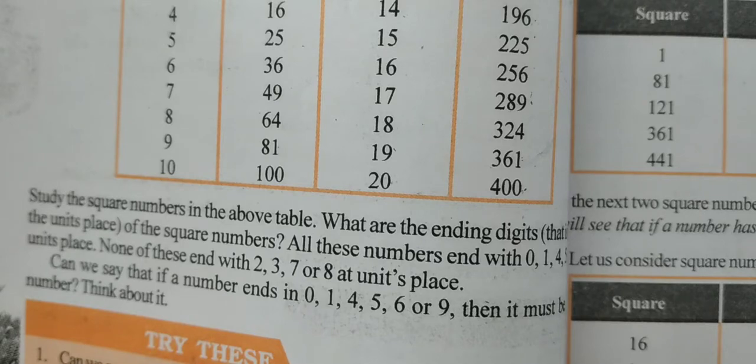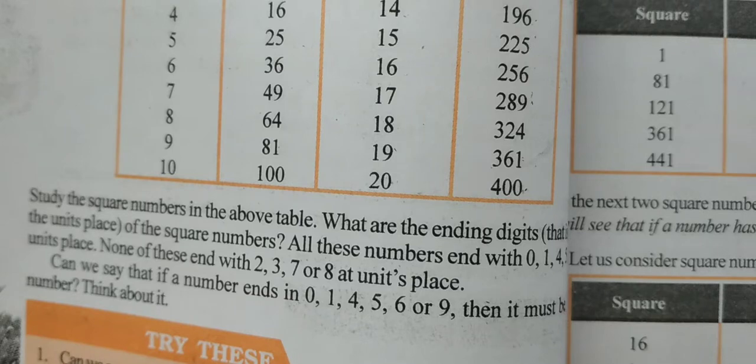And also you have to check how many zeros are there at the back. If 2 zeros are there, then it must be the square of 10, 20, 30, 40, 50, 60, 70, 80, 90. We cannot go for 100 because in 100 you have 2 zeros, and when you square it, then it must be 4 zeros at the end.